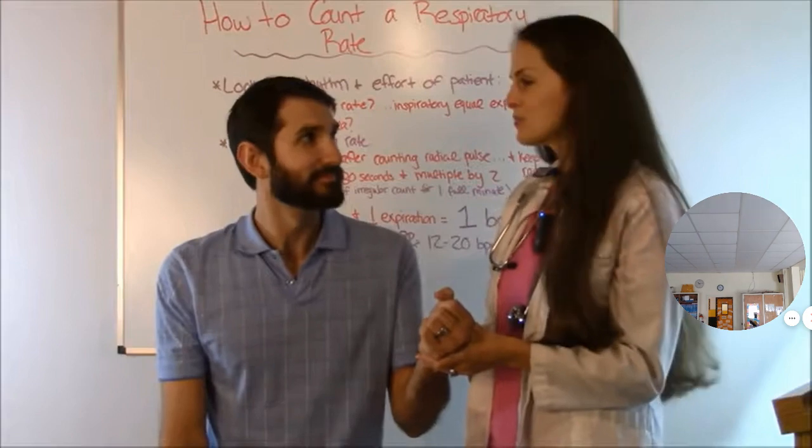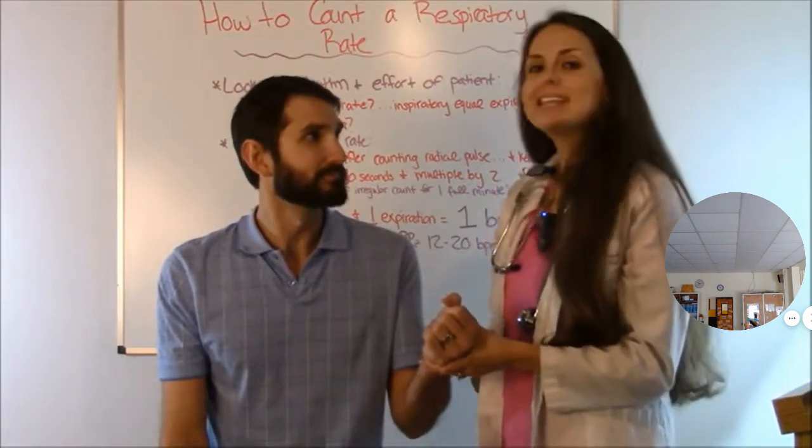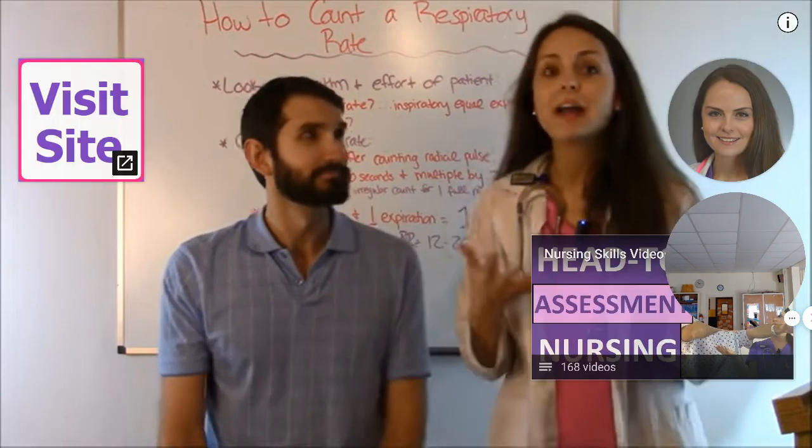Okay, so your pulse rate was 70 and your respiration rate was 20. So that is how you count a respiratory rate.